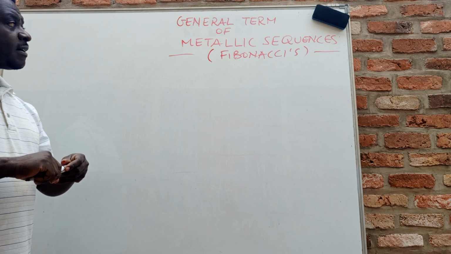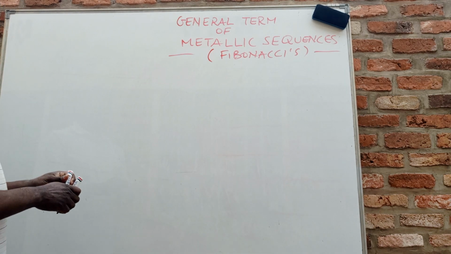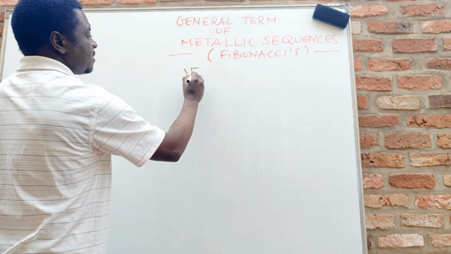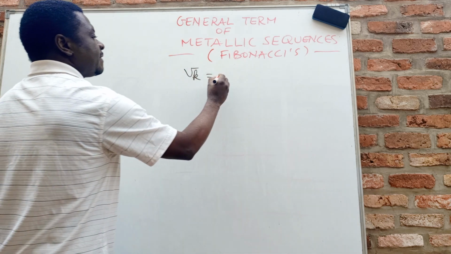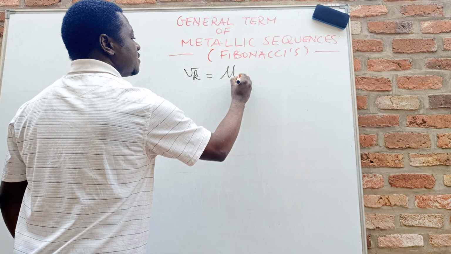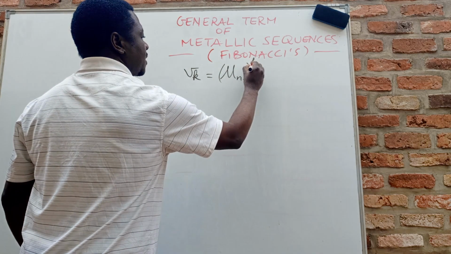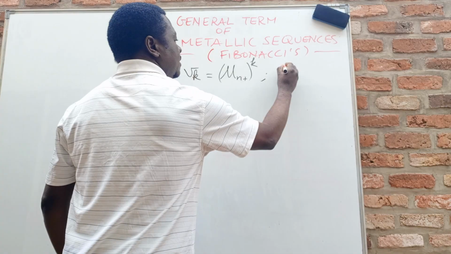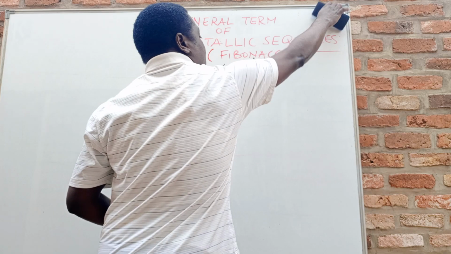So let us just recall, last time we denoted Vk, for example, as the powers of the metallic ratio, and Uk, the power of its conjugate.